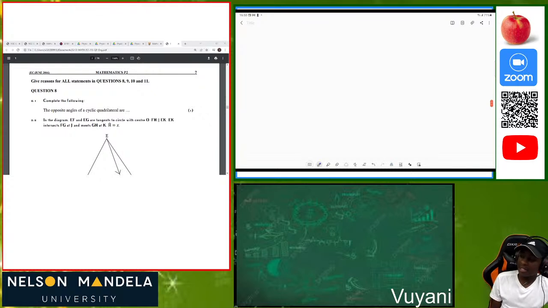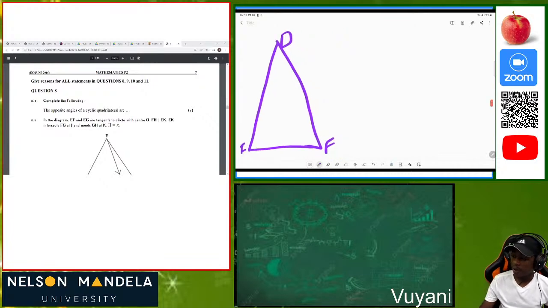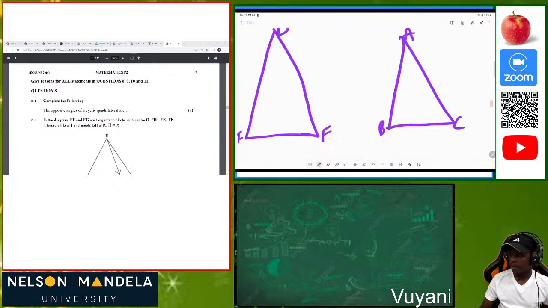Okay, the similarity theorem, I'm not going to prove it. You can check it in your textbook as well. I'm just going to state what it says. Let's say we have these two triangles: triangle DEF, and also a small triangle this time, triangle ABC.